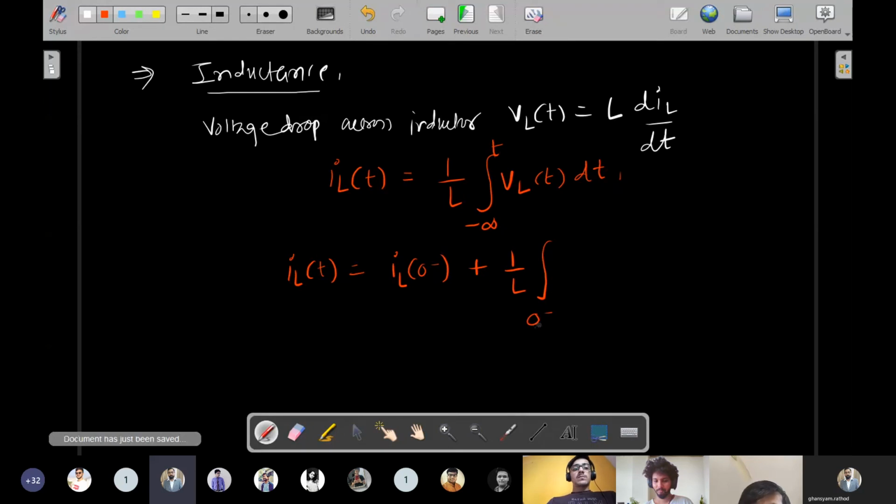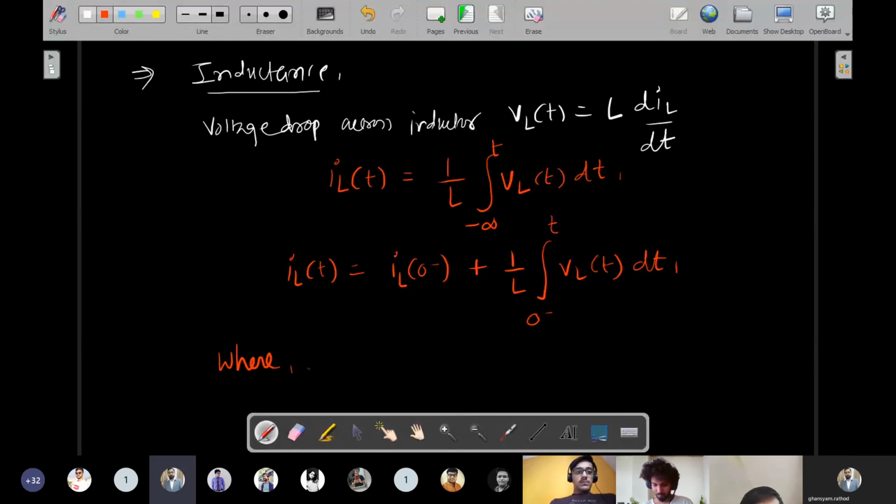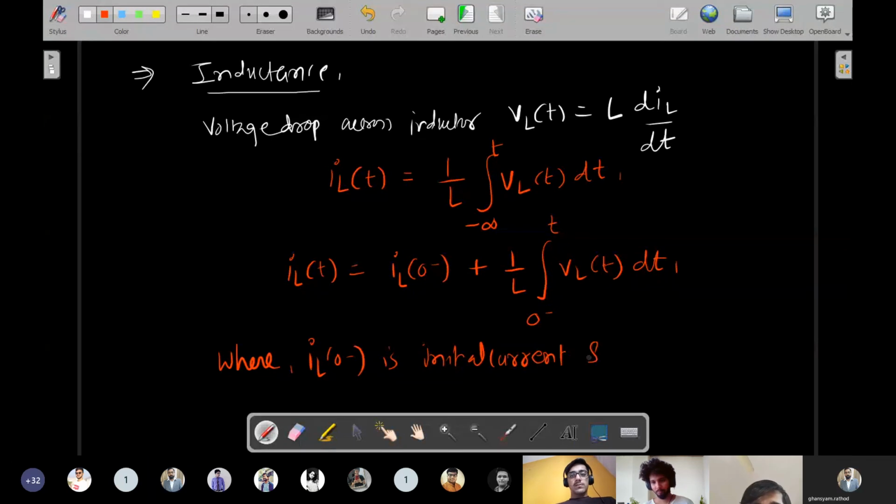It is not minus infinity, that is already accounted for. So the equation is iL of t equals iL of 0 minus plus 1 upon L integral from 0 minus to t of VL of t dt, where iL of 0 minus is nothing but the initial current stored in the inductor.